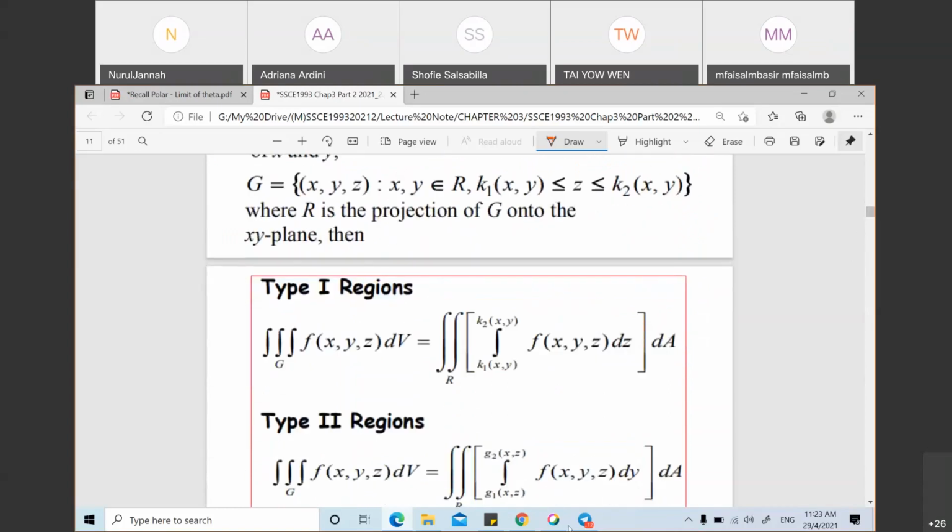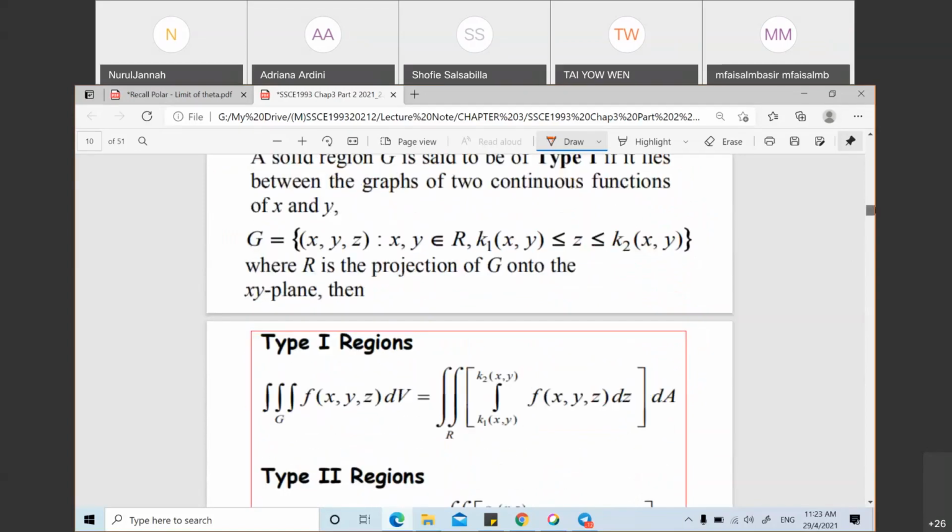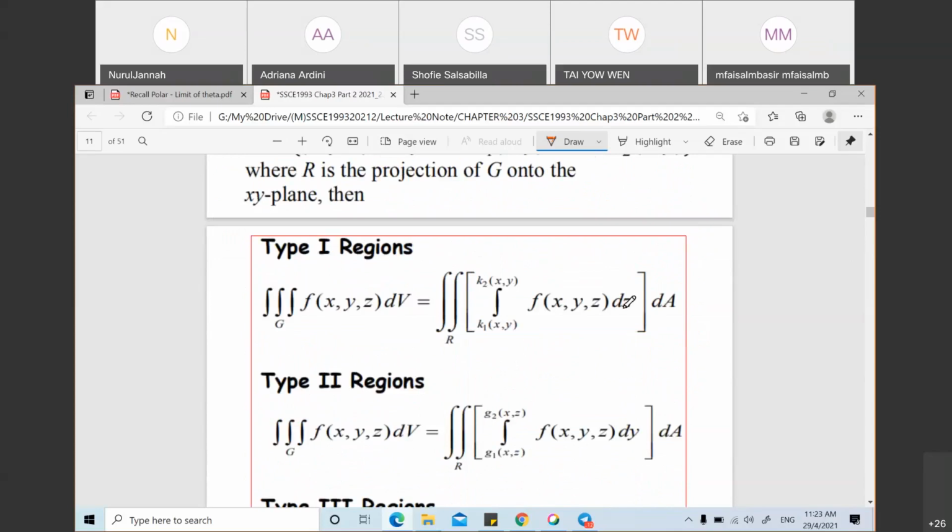Another point: when you are integrating type 1, which means integrating over simple xy, the inside one should be dz and the outside should be dx dy or dy dx. So z is a function of xy, and then they are reducing. Say that I put dx dy. The first must be a function of xy, or a constant, or a function of y only, or a function of x only.